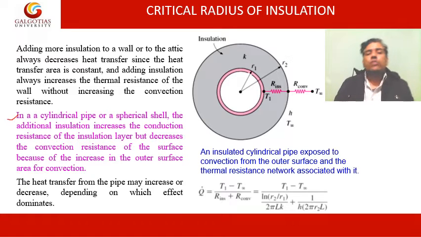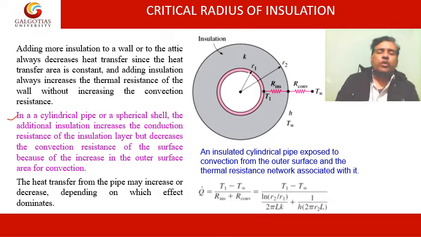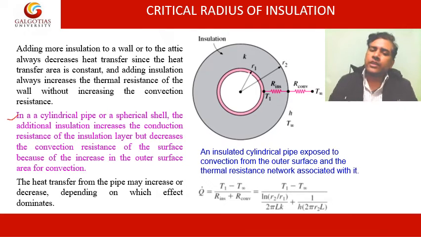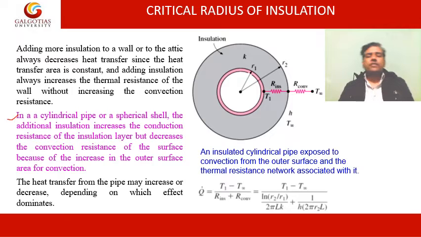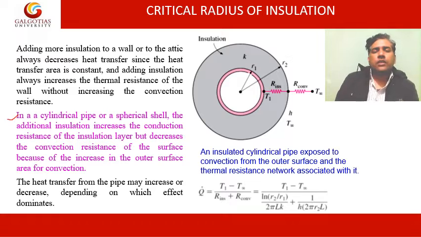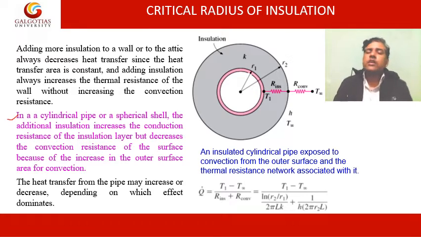So one of the effects may become more prominent while adding insulation. So in cylindrical bodies, insulation doesn't necessarily mean a decrease in the heat transfer rate. Adding insulation on a cylindrical or spherical shell may result in an increased heat transfer rate.